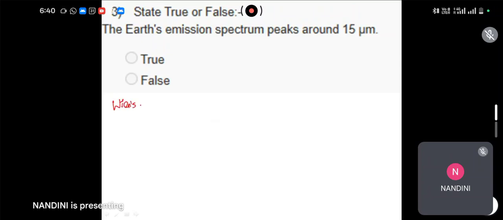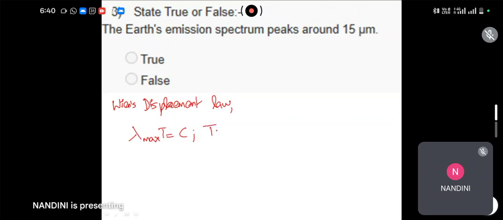According to Wien's displacement law, lambda max into T is equal to a constant. If we know the temperature of the black body, the wavelength at which maximum emission occurs is given by this law.